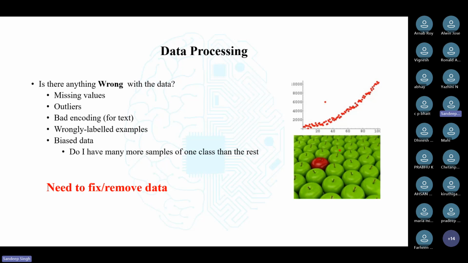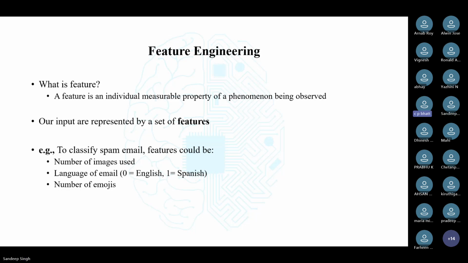Second is data processing. As I said, you have to see whether there is anything wrong with the data, any outliers, or any bad encoding in the data. All these things we have to fix, and we have to remove that particular part of the data so that the model is not confused by it. Other is feature engineering.